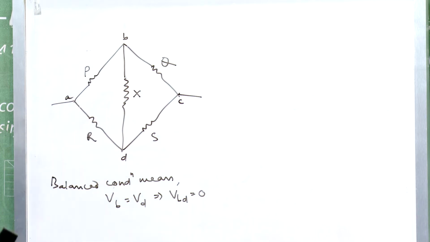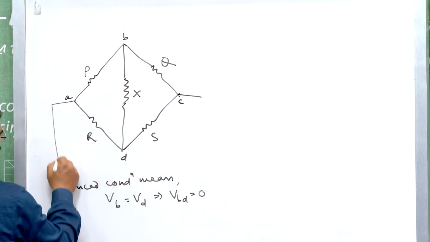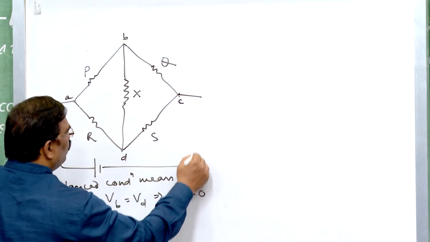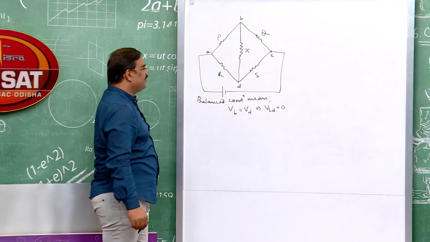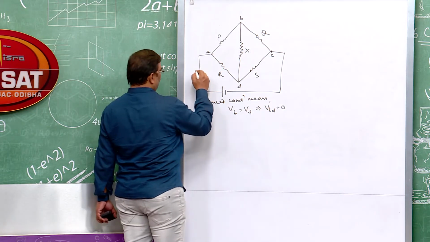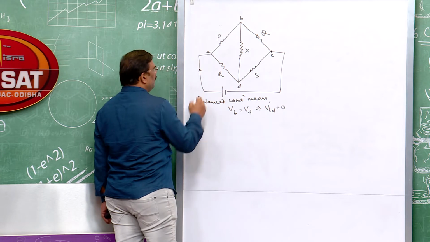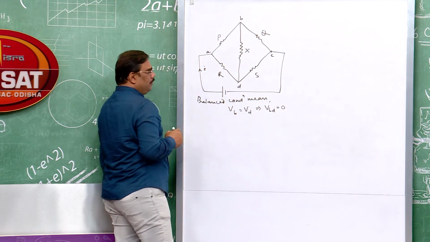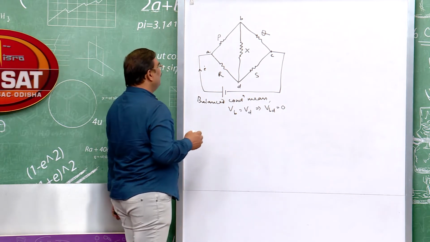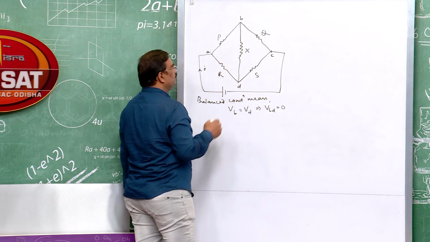So, to find this, let us connect these two ends to a battery and let a current I is entering into the bridge.